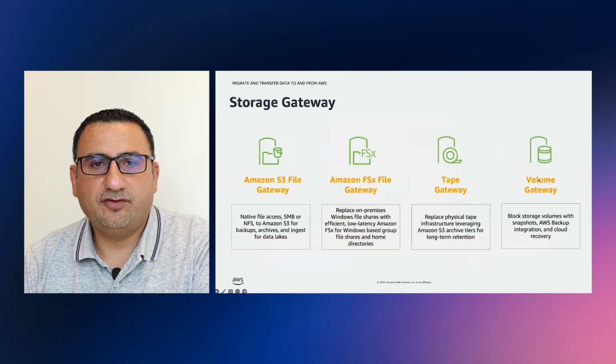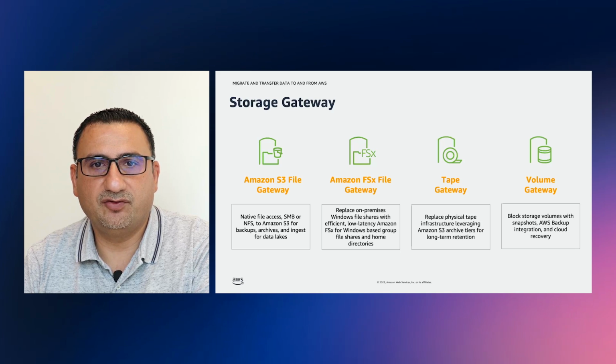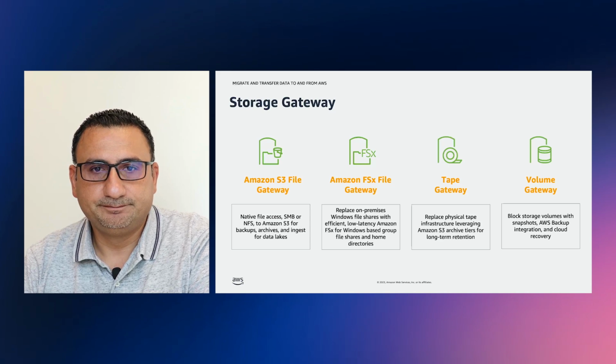Now, AWS Storage Gateway comes, as we said, in different flavors. We have the S3 File Gateway, which presents itself as a file interface that the customer can use to store files as objects in Amazon S3 using NFS or SMB file protocols.